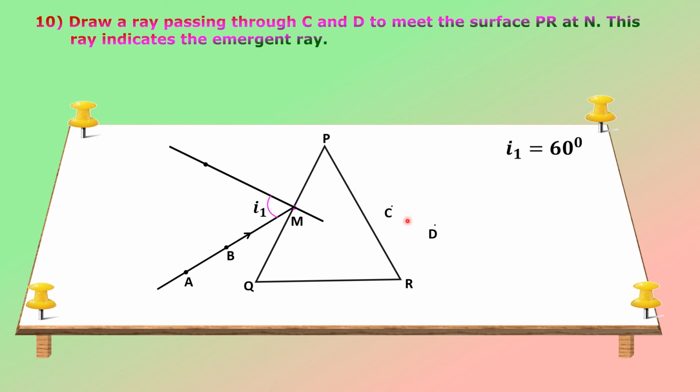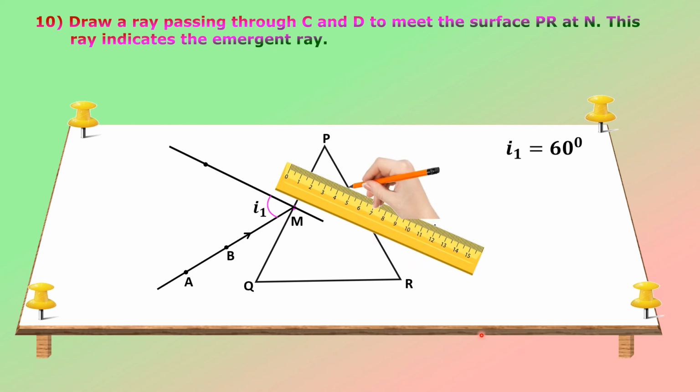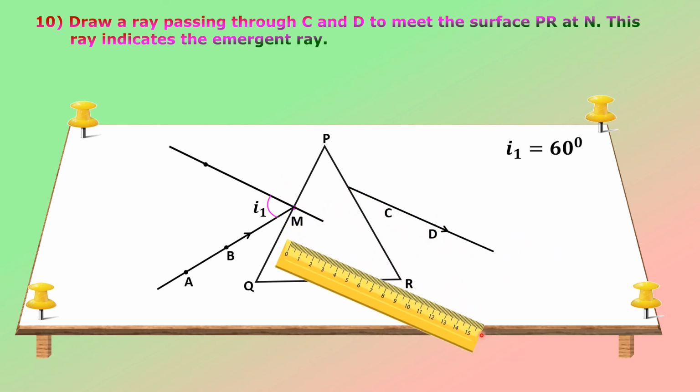This is the emergent ray. Let us draw it through CD. Okay, this is the emergent ray, and it meets the surface PR at N.